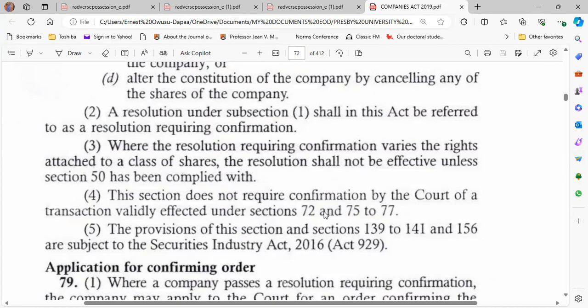Now, some of the things which are stated over here could have been done in some other context.